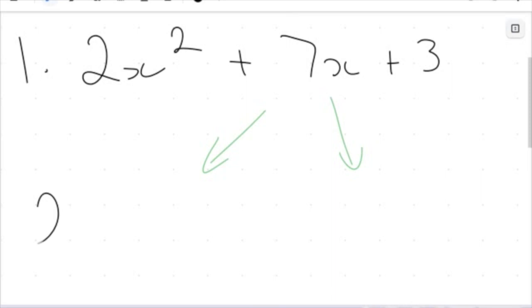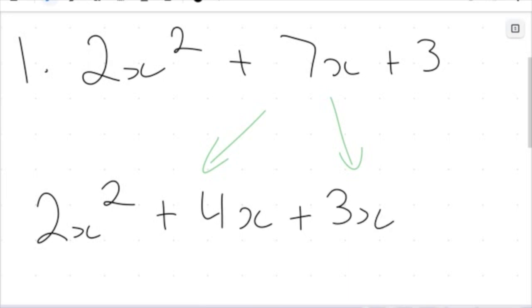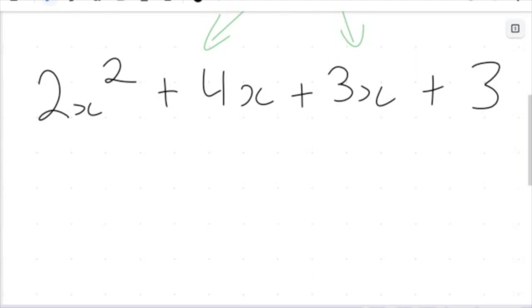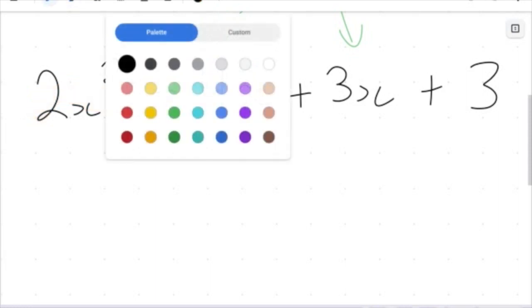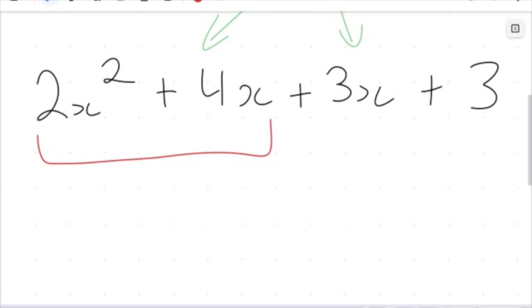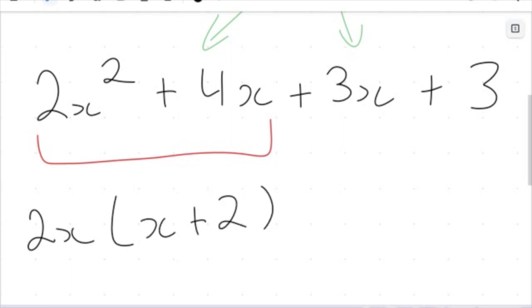Now, what if I broke up this 7x into 4x and 3x, and then tried to factorize by grouping in pairs? Well, I would take this as a pair, and then the other one as a pair too. So trying to group this one into pairs, I'd get 2x outside of x plus 2.